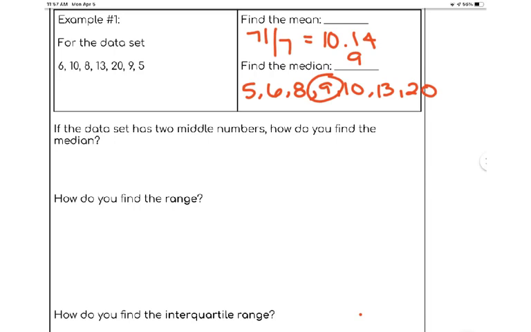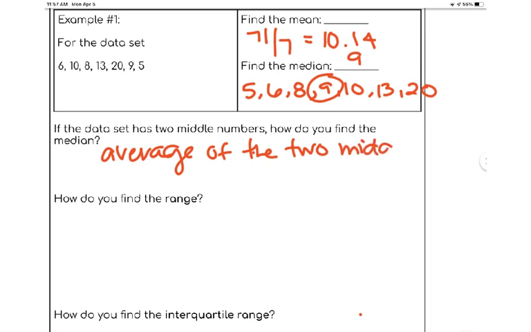Well, you're going to take the average of the two middle values.